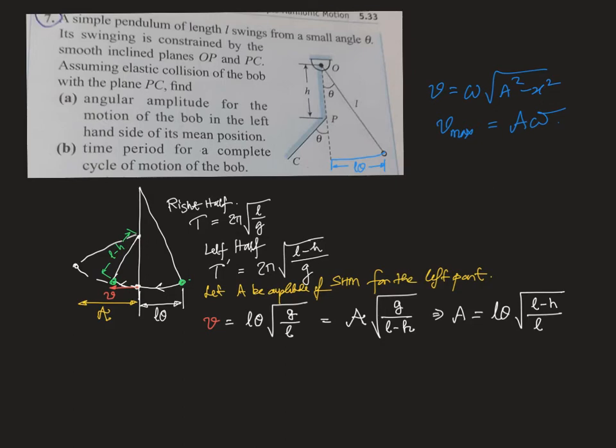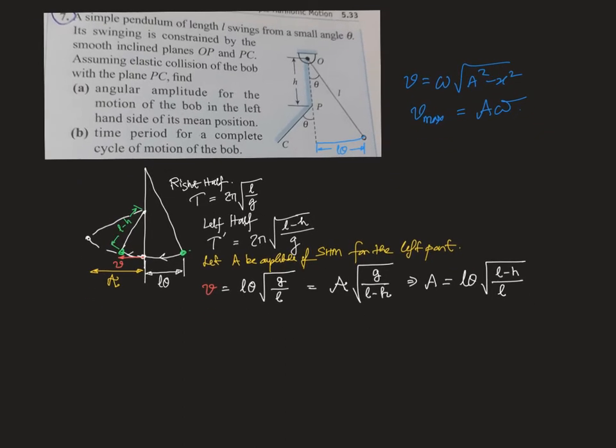So suppose from this position, where this wall is, it will go maximum up to this distance. So suppose here we take time t equal to 0 and here time t. So it goes how much distance? It goes distance L minus H times theta, right?